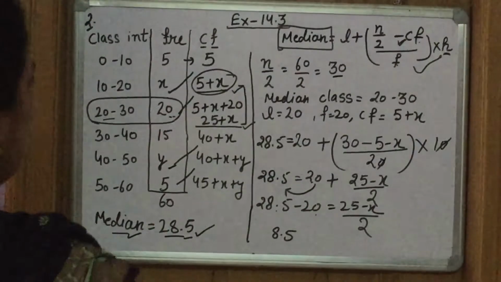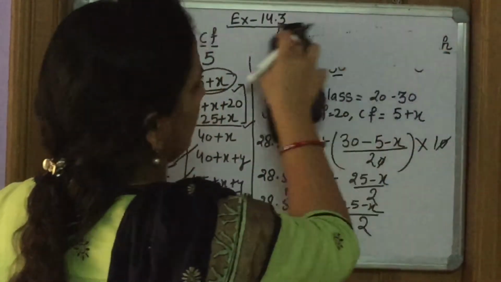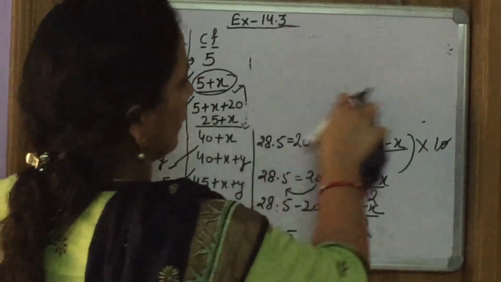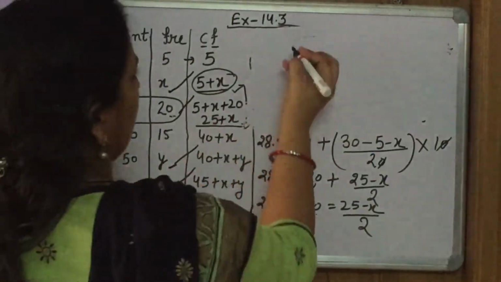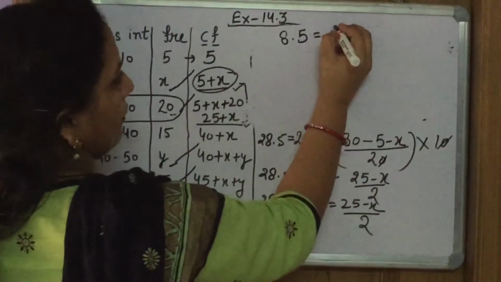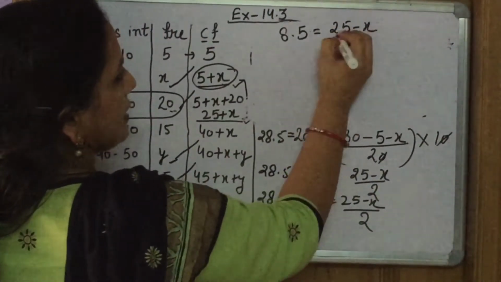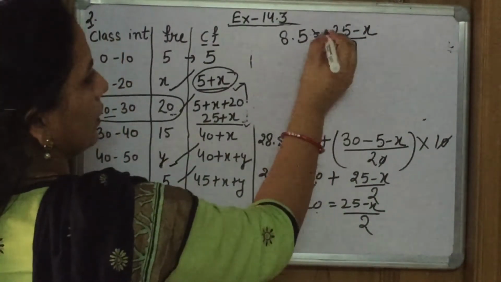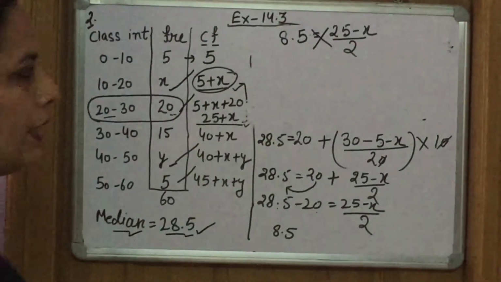On the left hand side 8.5, and on the right hand side we have (25 minus x) divided by 2. Now just do the cross multiply.